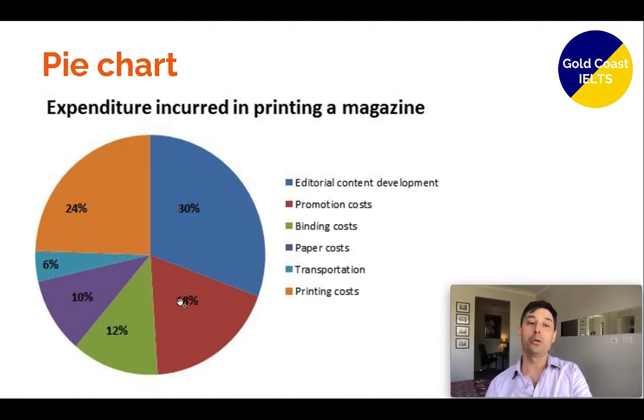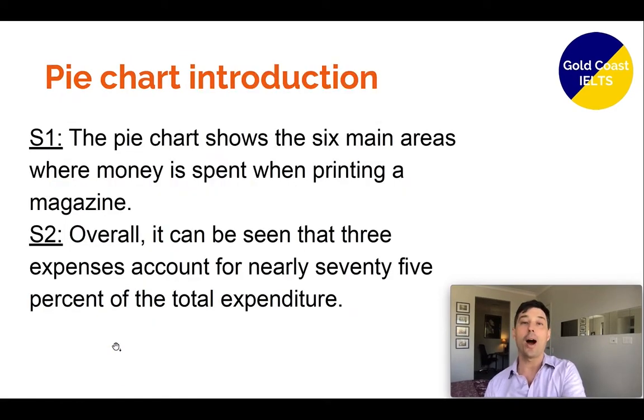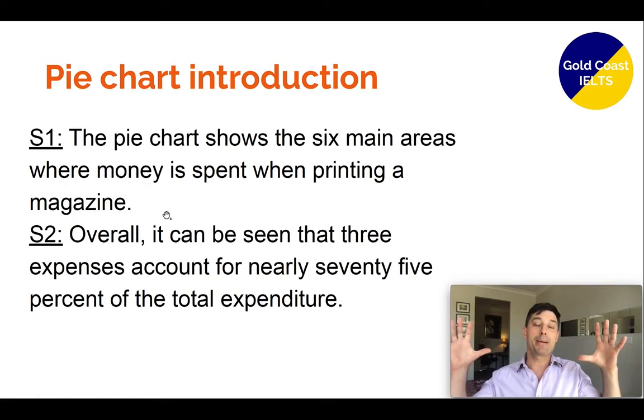So orange, blue, red, that's about 75% of the total, and blue, purple, green, that's just over 25%. So I would probably make a key trend sentence like this. Overall, it can be seen that three expenses account for nearly 75% of the total expenditure. You want to keep the key trend really simple. Don't forget, this is the big picture. This is not a small detail.